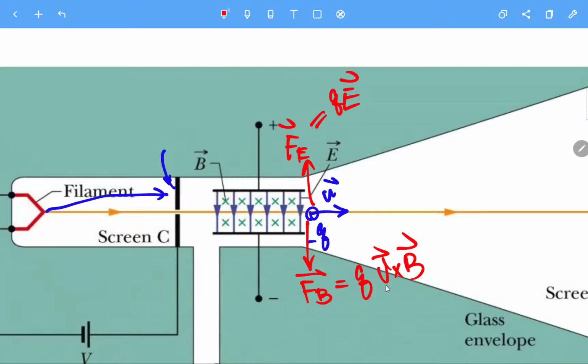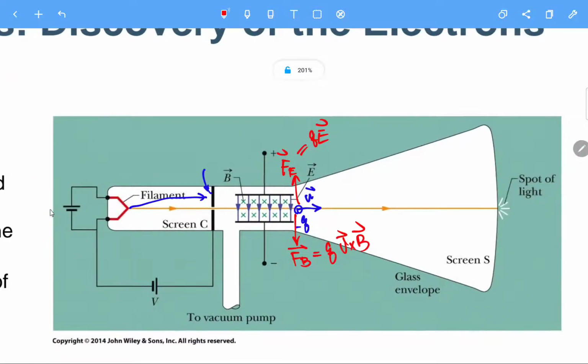V is an arbitrary value, and it depends on what is the kinetic energy at this point. And of course this velocity can be controlled by these two batteries here.